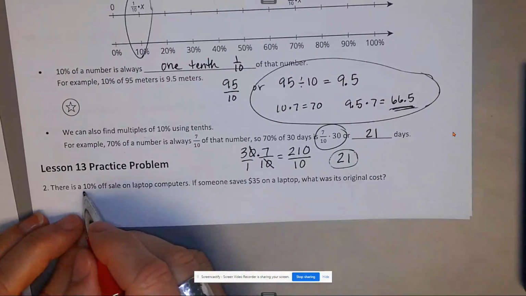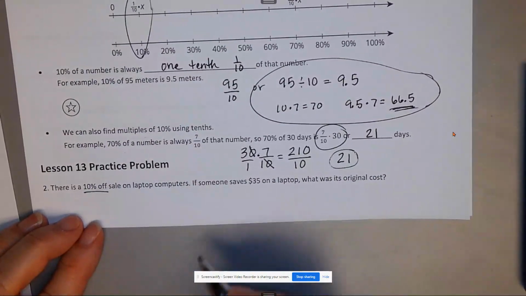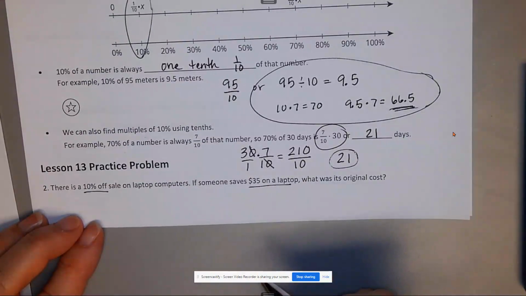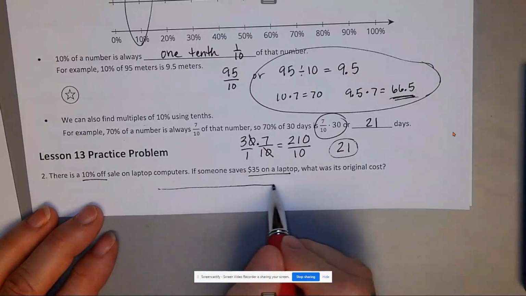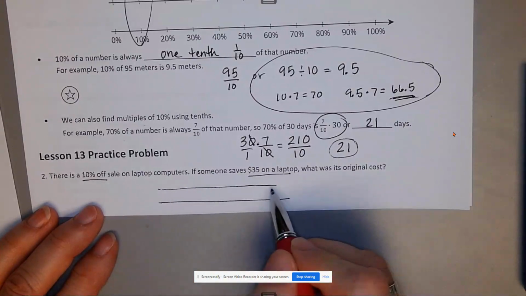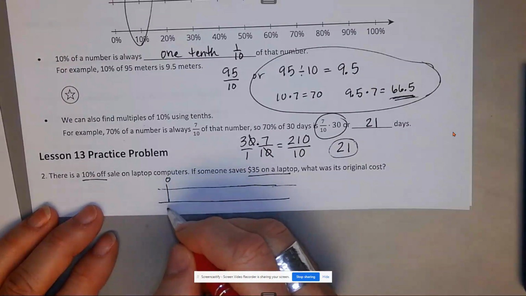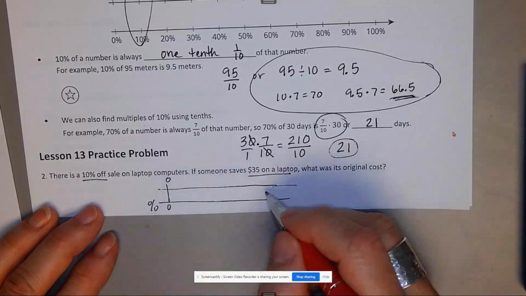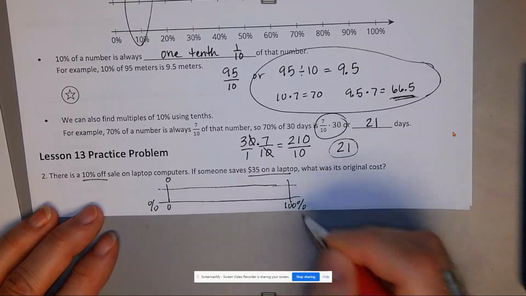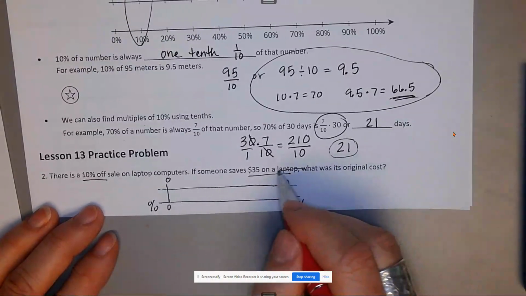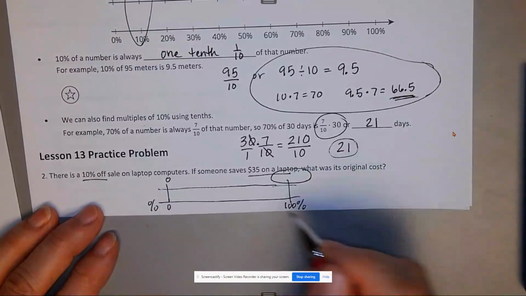Next problem, 10% off sale of laptop computers. If you save $35, what's the original cost? Well, let's just set this up. 0%, 100%. I don't know the total. This is what I'm looking for this time.